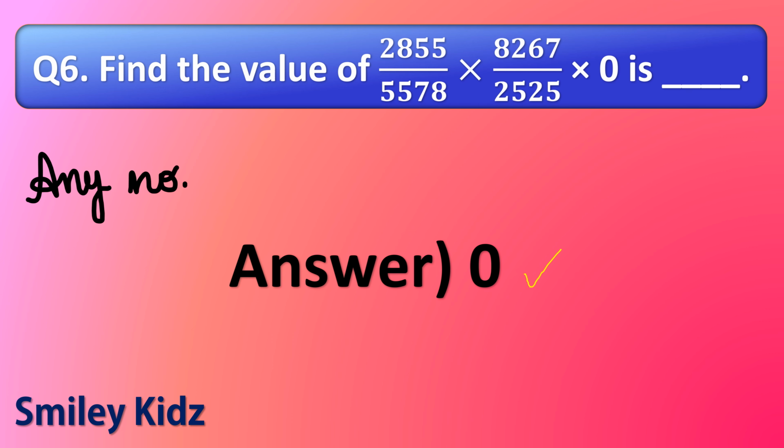Your time is up. Now let us see the solution. For finding the value of A, we can transfer this 9 by 3 to the other side. It will become reciprocal.